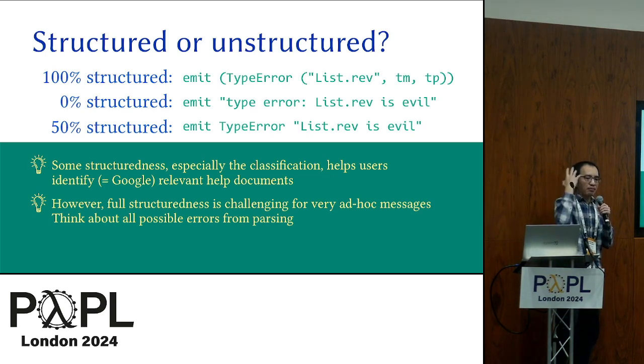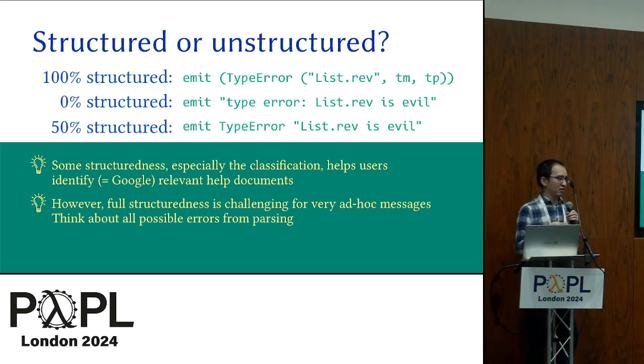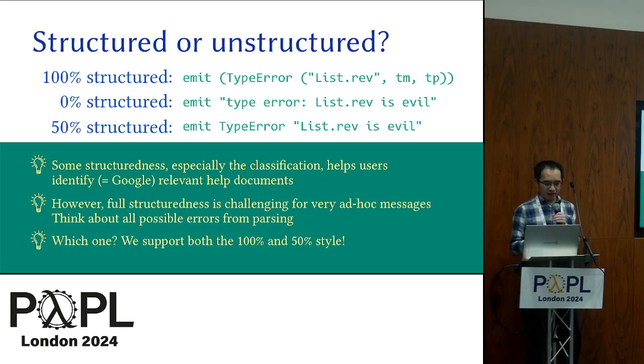You can come up with so many different kinds of errors, and I think it's very annoying if you're trying to define a very precise data type with a unique constructor for every single case. So maybe this is a case where you just want to have a parsing error and then have all the rest as a string or something like that. So it's something you can think about.